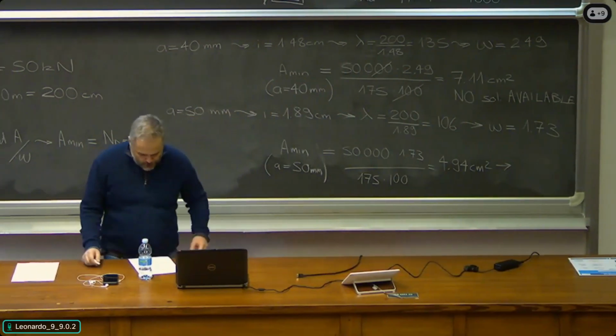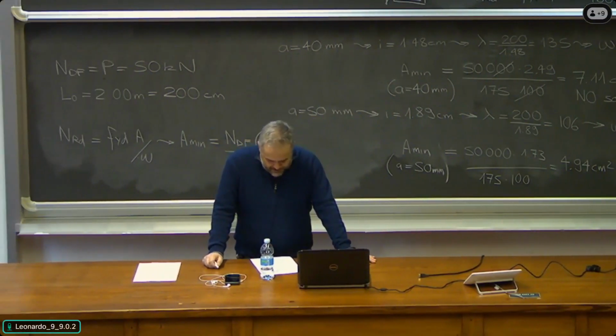Do we have one which fulfills this requirement? As a matter of fact, we don't have one. We have two of them, correct? So both solutions are possible, 50 times 3 or 50 times 4. Okay?